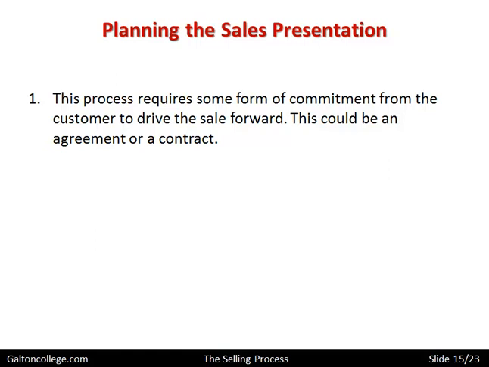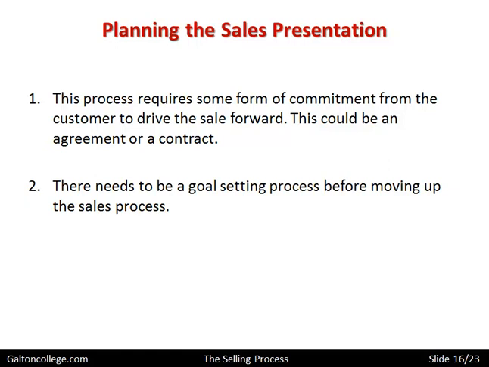This process requires some form of commitment from the customer as well to drive the sale forward. So the customer could look for an agreement or even a contract. But the customer needs to be involved as well. The customer can't just be passive throughout all of this. The customer must show interest in the product and must deal honestly with the salesperson as well.